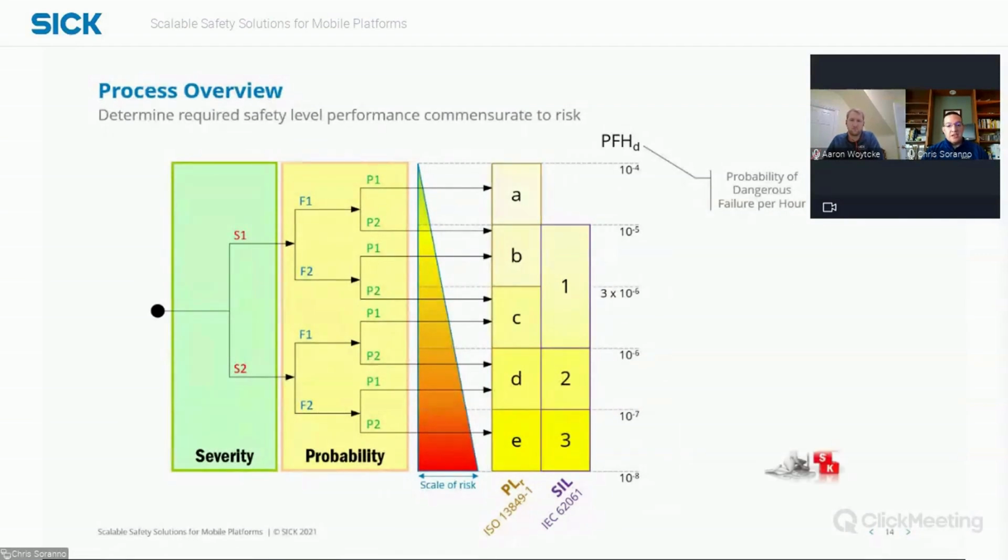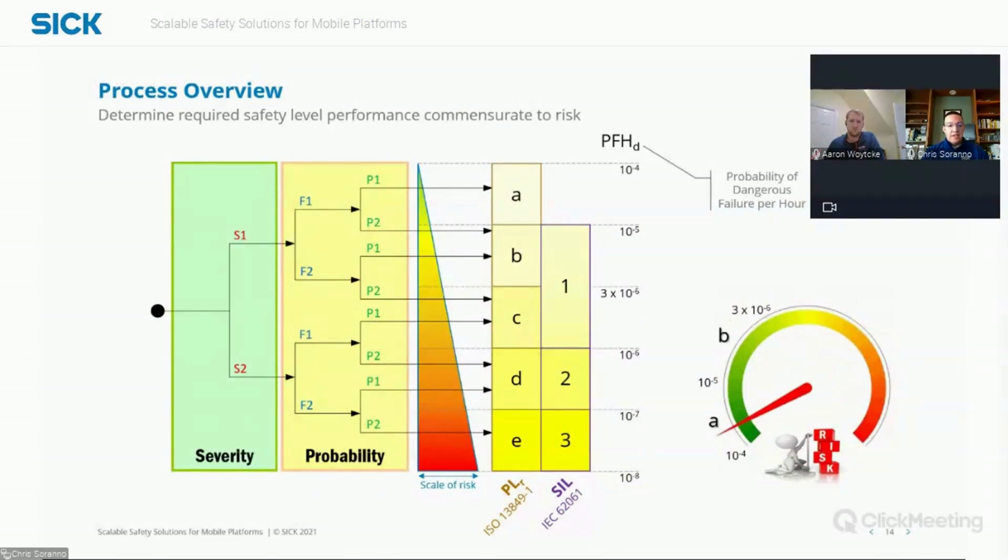So what this tells us is when we do our risk assessment, we're going to define some level of risk. We can then assign thresholds to that. And depending on what model or standard we want to use, in this example, I'm using 13849, we can then assign required performance level. That's the PLr. What's the performance level required for any solution for that task hazard pair?